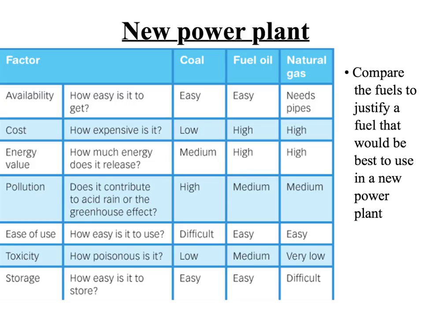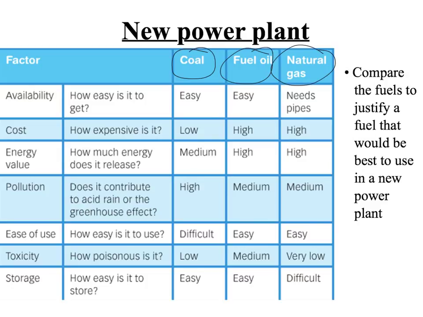Now, lots of exam questions about fuels will ask you to analyse some data and then make the best choice. Imagine that there's a new power plant going to be built near you, and there are 3 options: coal, fuel oil and natural gas.